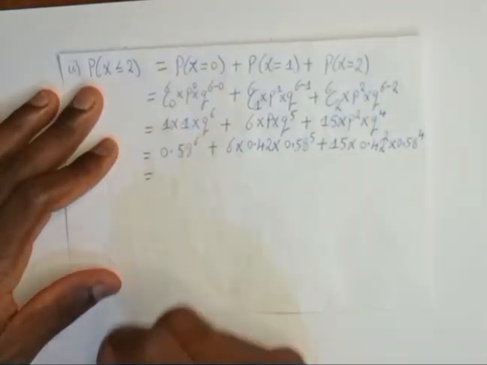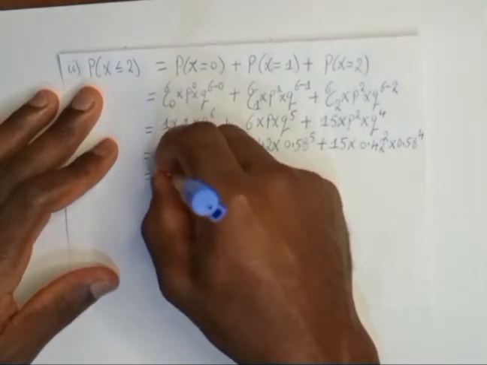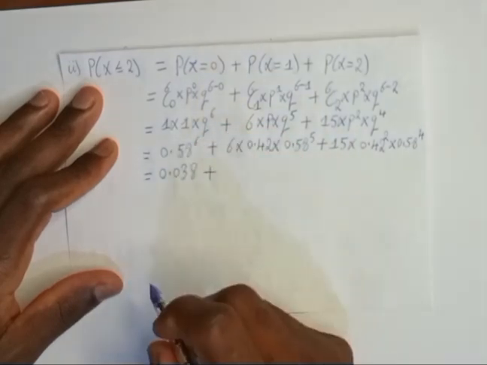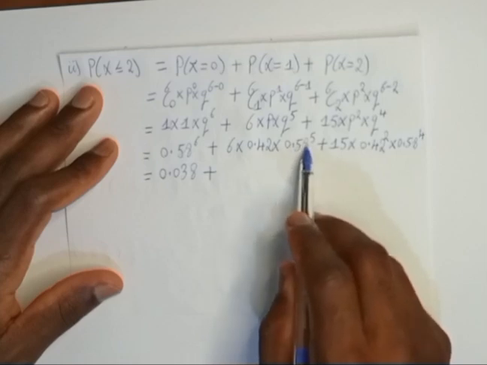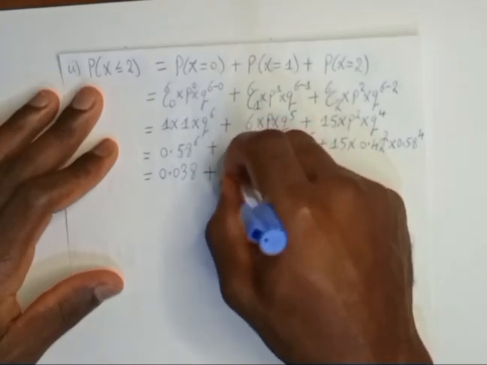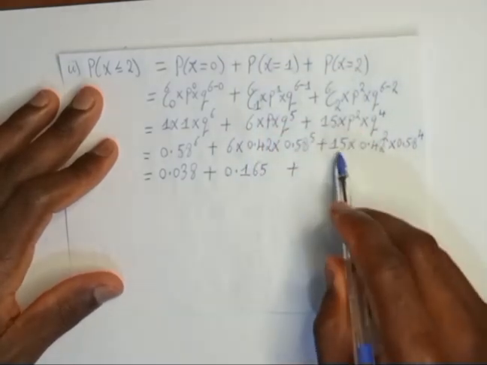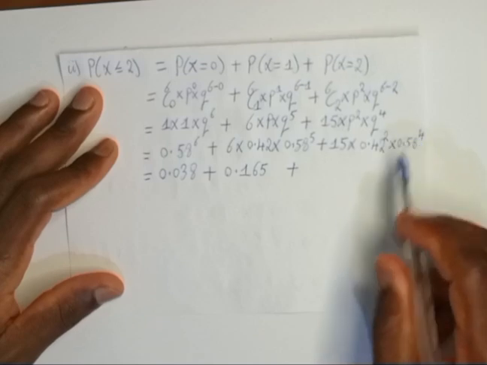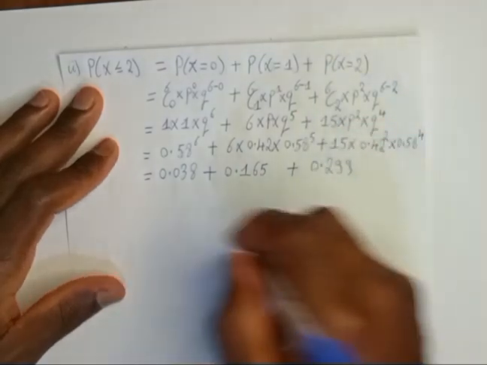This will simply be equal to 0.58 to the power 6, it gives us 0.038 to 3 decimal places, plus 6 times 0.42 times 0.58 raised to the power 5 to 3 decimal places, it gives us 0.165, plus 15 times 0.42 squared times 0.58 to the power 4 is 0.299.